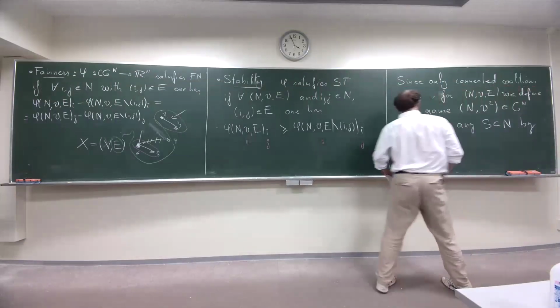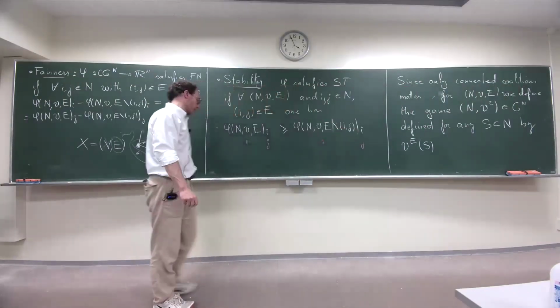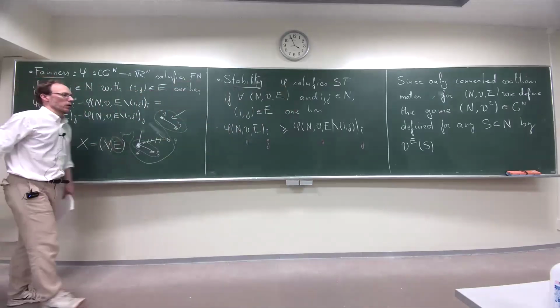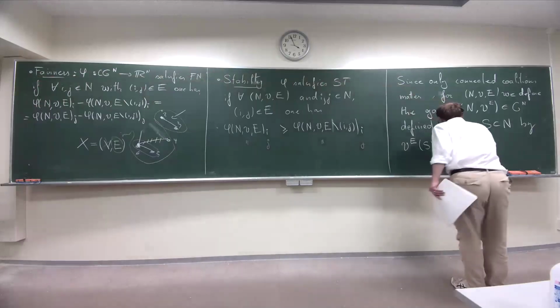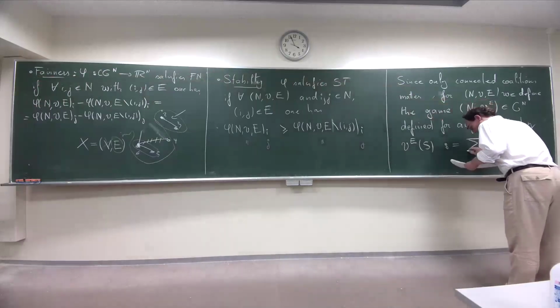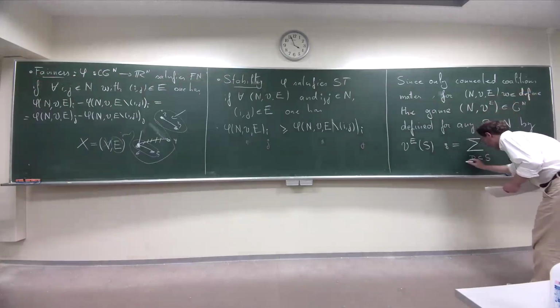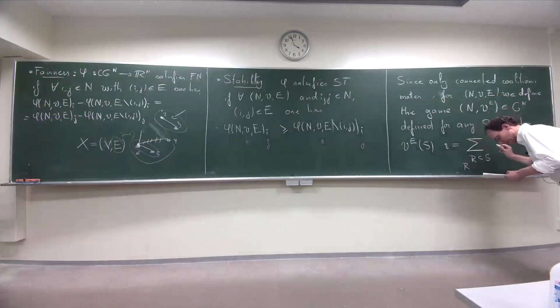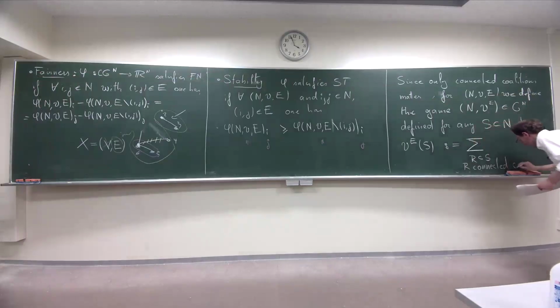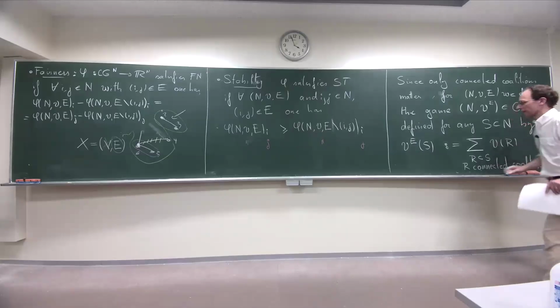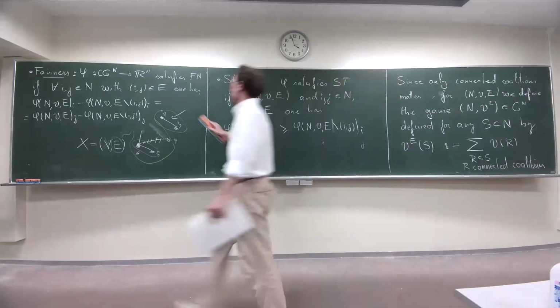remember, for a TU game, I need to define this for any coalition, not only for the maximal connected one. And how I define this, I just take the sum over all connected coalitions in S of V. Let me, my picture is not too simple.